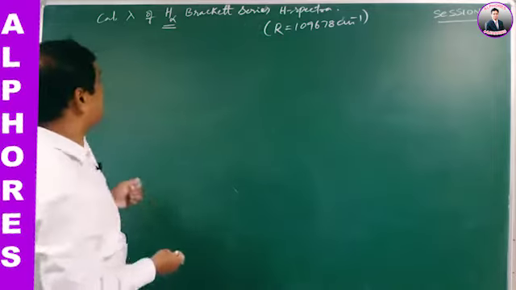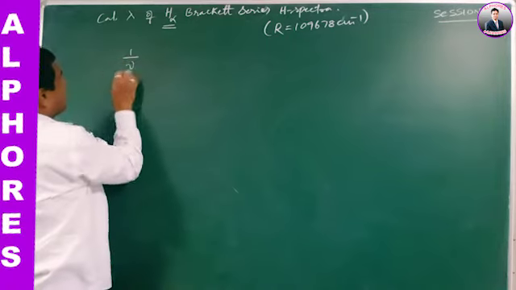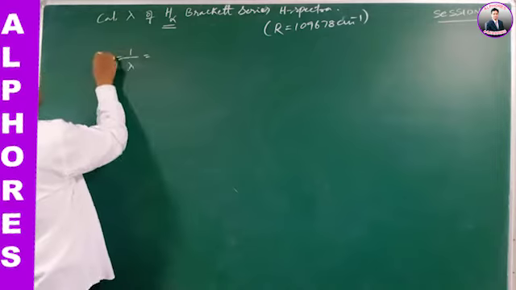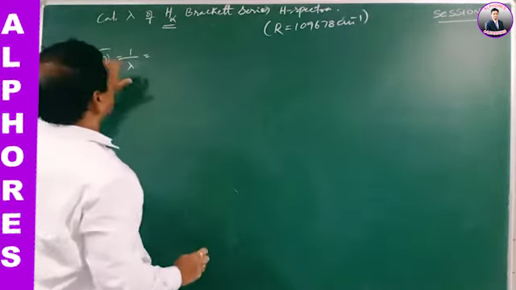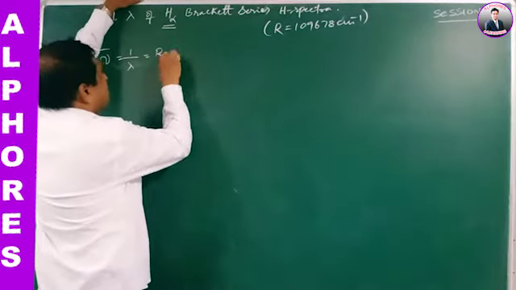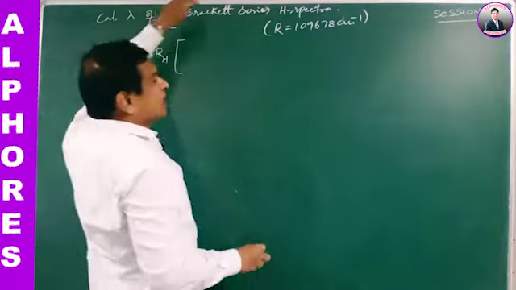Now the formula we can use. Wavelength we have to calculate: 1 by lambda, that is nu bar, is equal to R_H. It is the Brackett series, H alpha line.